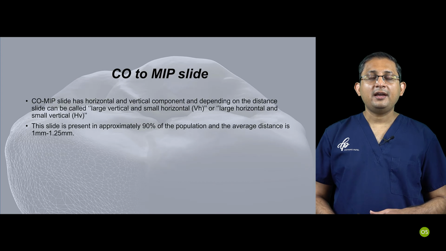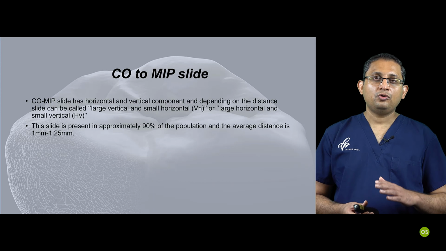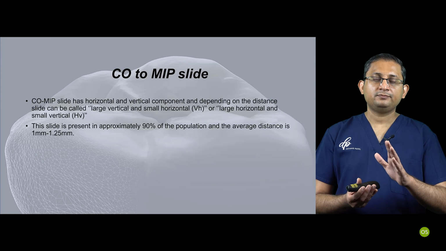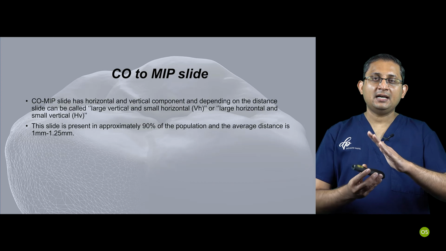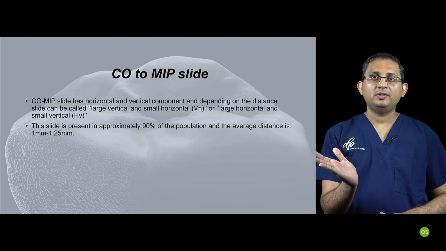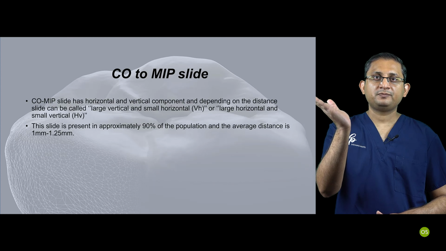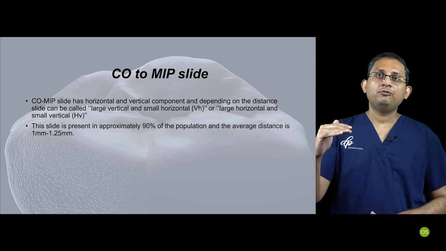Now, the slide is divided into two components: horizontal component and vertical component. When something closes in an arc, it doesn't close perpendicular, it's always in an arc, like a round shape. So there is always forward movement and always upward movement. The forward movement is called horizontal slide, and upward movement is called vertical slide.